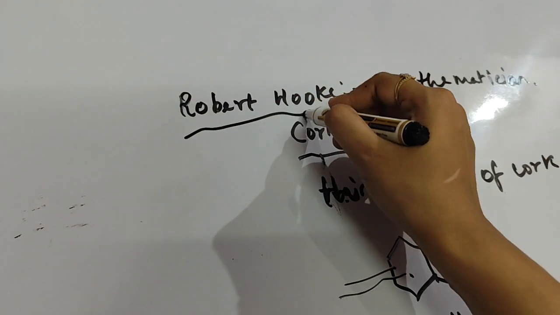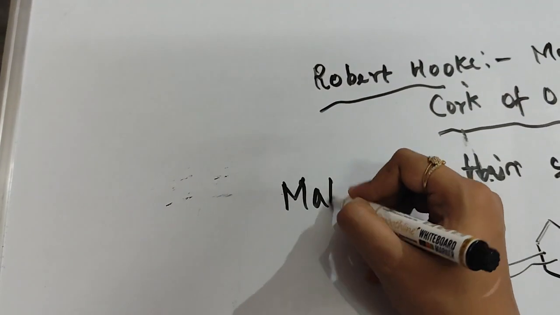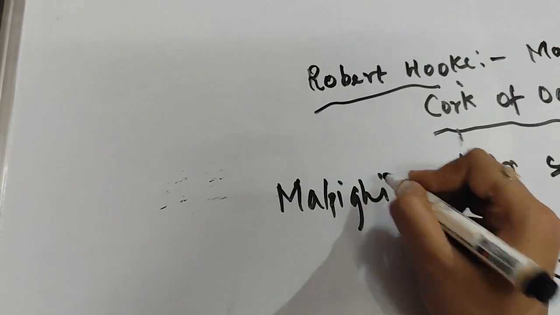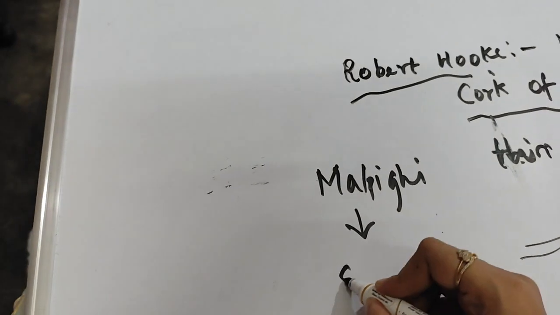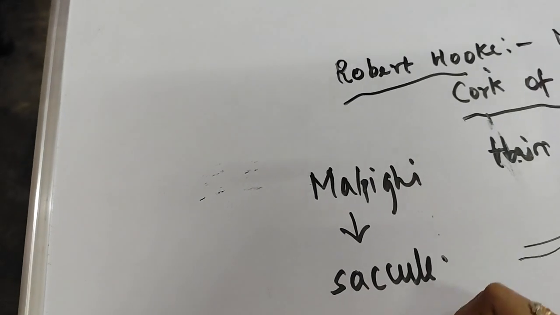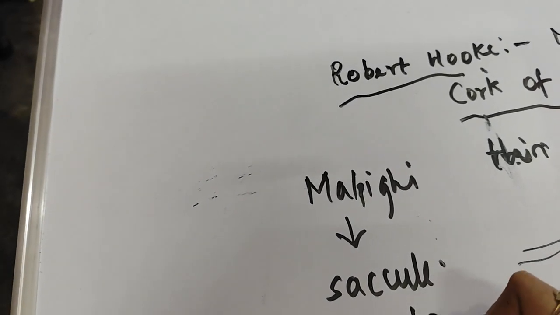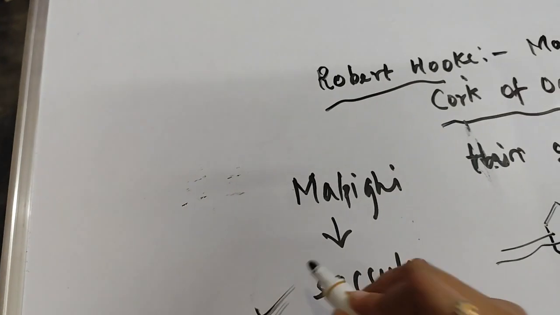Before Robert Hooke, there was one more, Malpighi. He also discovered the cell, and he named the cell sacules, utricle. This was the name given by Malpighi to cell.